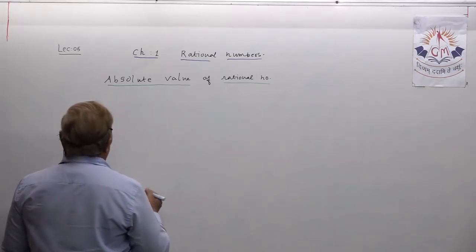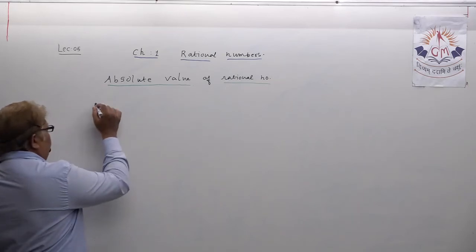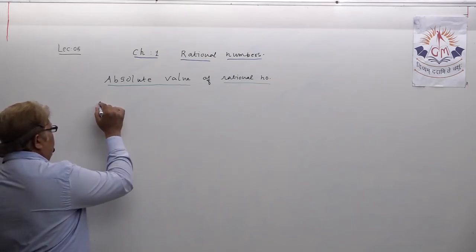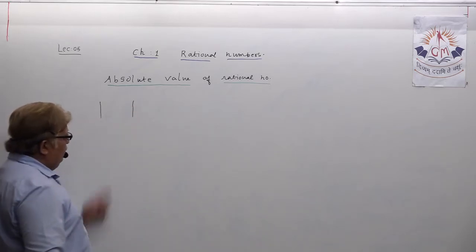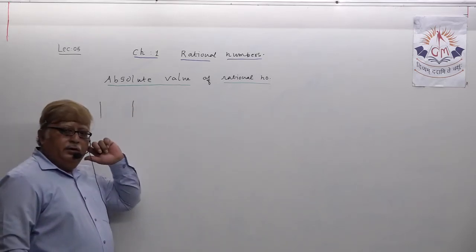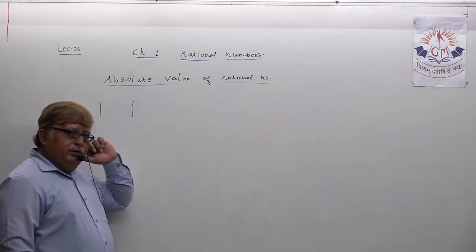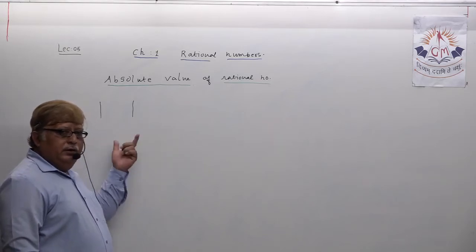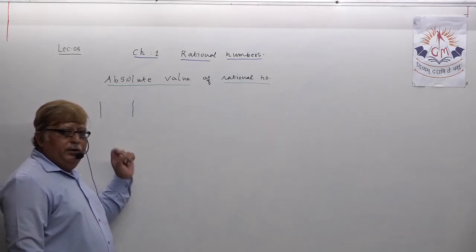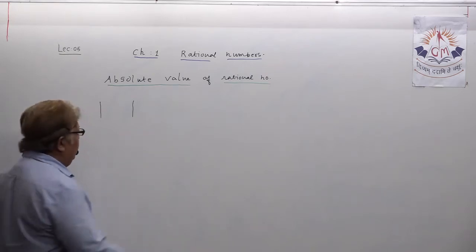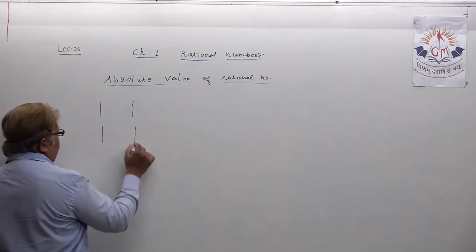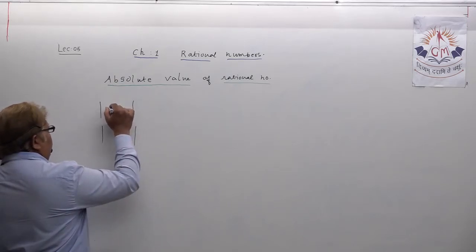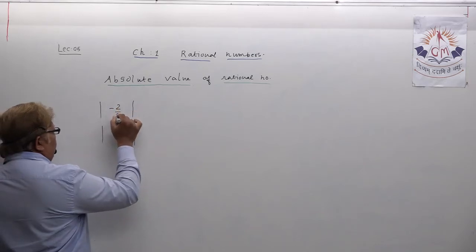Just take an example. This particular sign which we call modulus, or you can say it is the sign of absolute value of rational number. If suppose I write this way, one rational number I write here, suppose minus 2 upon 5.